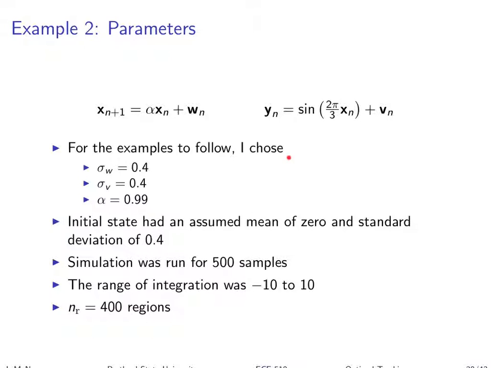Some of these I say I chose, but normally, when you're not making something up and you're working on an actual application, you need to justify these values, usually based on understanding the process that you're trying to model, the process that you're trying to track. For example, the variance of the process noise is basically the step size from one sample to the next.